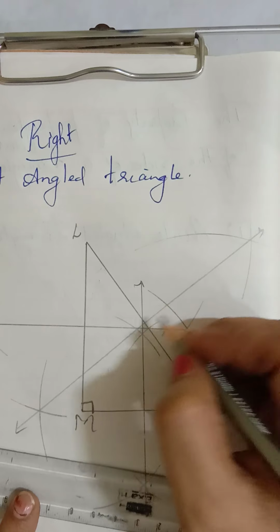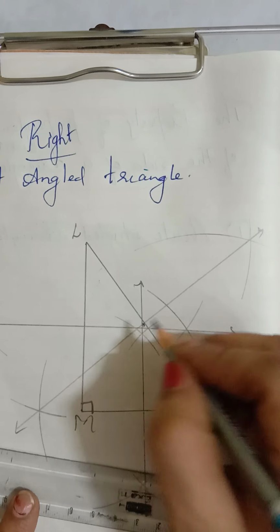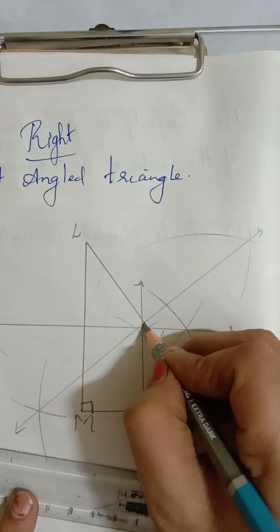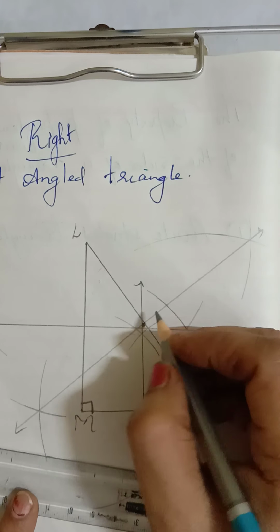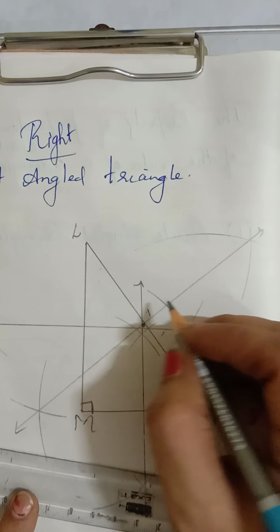Okay children, now you will see that all these perpendicular bisectors are intersecting at this common point, and this point is on the hypotenuse. This point is where it is the midpoint of the hypotenuse. We can name it with any letter.